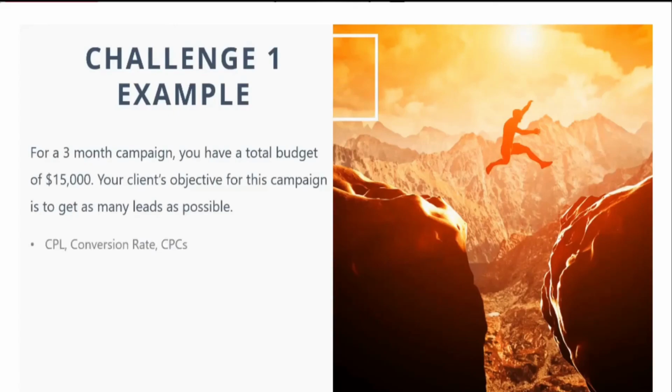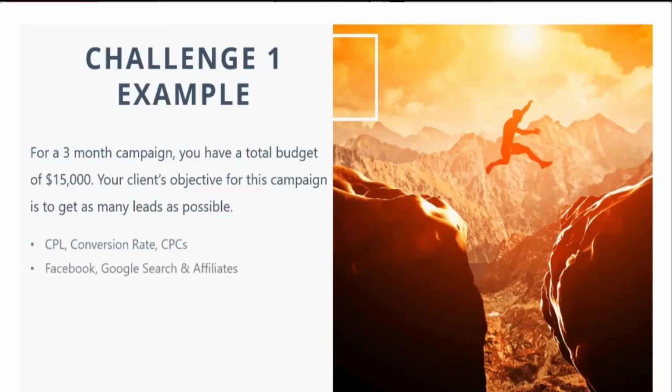The main KPIs would be CPL, so cost per lead, conversion rate, and then your CPCs, because that would determine how many leads you can get with your budget, and then of course at what cost. And improving the conversion rate would have a positive effect. Decreasing the CPCs would have a positive effect, all on the main KPI, which would be cost per lead, along with how many leads there are.